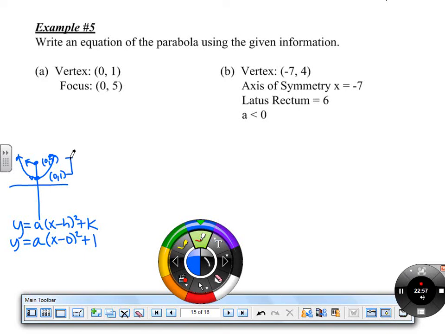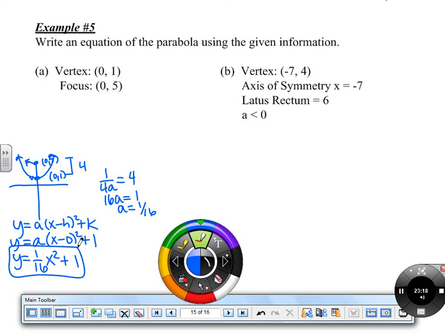From (0, 1) to (0, 5) is 4 units. So I know that 1 over 4a should equal 4. If I cross multiply to solve that, I get that a is 1/16. So I'm going to plug that into my equation and simplify wherever necessary. So I get my equation for that situation.